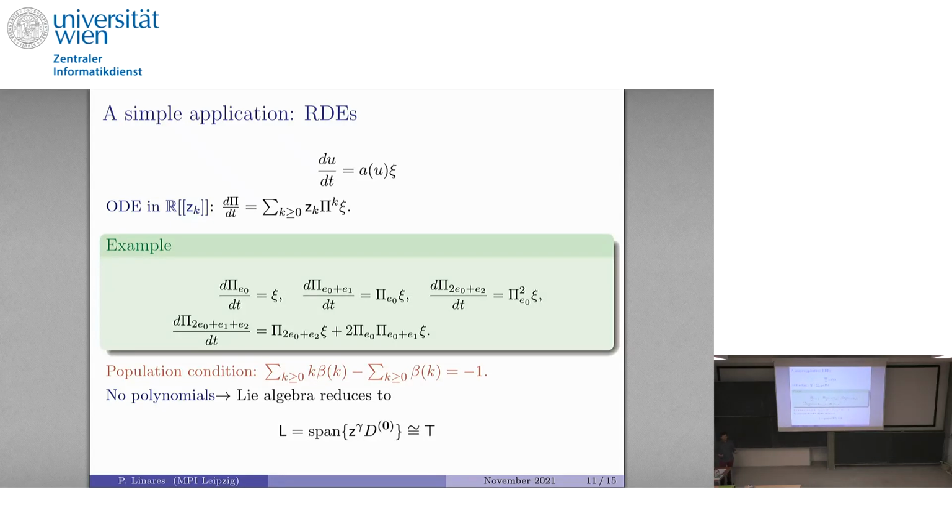And the fact that it's equal to -1 is just telling you that you can build a tree out of this multi-index. And as I said, we can forget about polynomials. So then the Lie algebra actually reduces to the span of these elements, just gamma and D0, which was the generator of this shift in the solution space, which is linearly isomorphic to the model space itself.